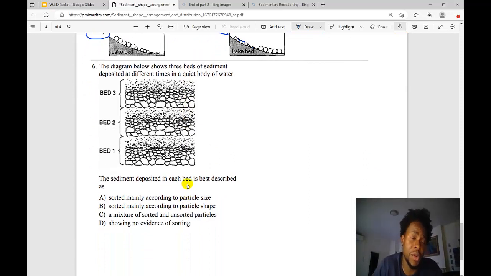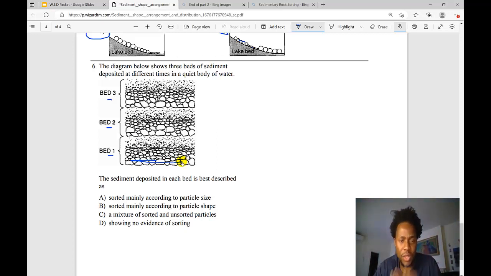And last question here, question number 6. The diagram below shows 3 beds of sediments deposited at different times in a quiet body of water. The sediment deposited in each bed is best described as... I can see that this is bed 3, this is bed 2, this is bed 1, and in all the beds, the bigger sediments are at the bottom because they are heavier, so they are dropped first.